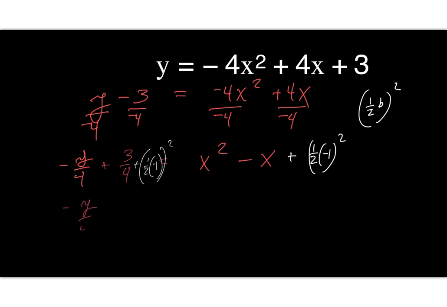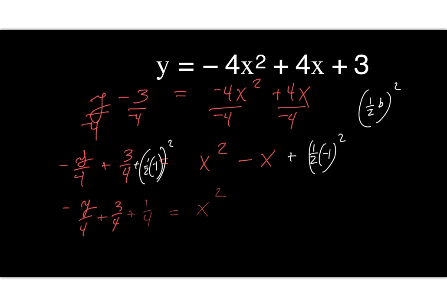Negative y over 4 plus 3/4. Let's see. Half of negative 1 is negative 1/2. Negative 1/2 times negative 1/2 is positive 1/4.